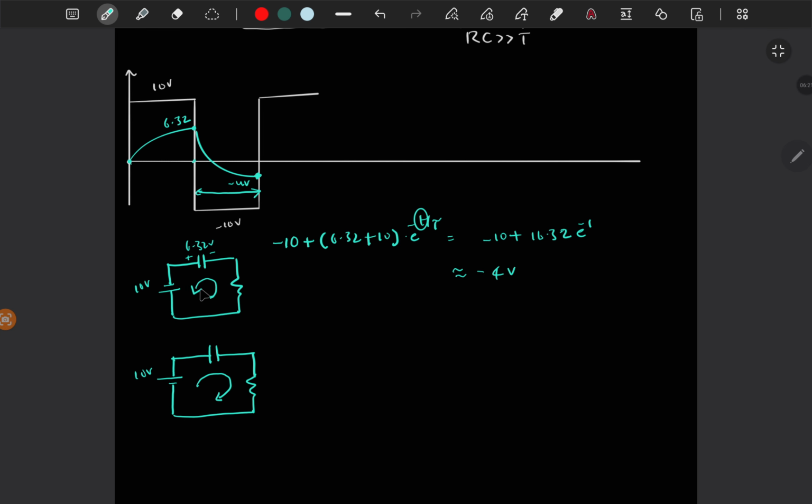Previously it was charged in the other direction. Now the initial voltage of the capacitor is minus 4 volt. Now the capacitor starts charging in this direction, and this minus 4 becomes 0, and then again starts increasing to a positive value.